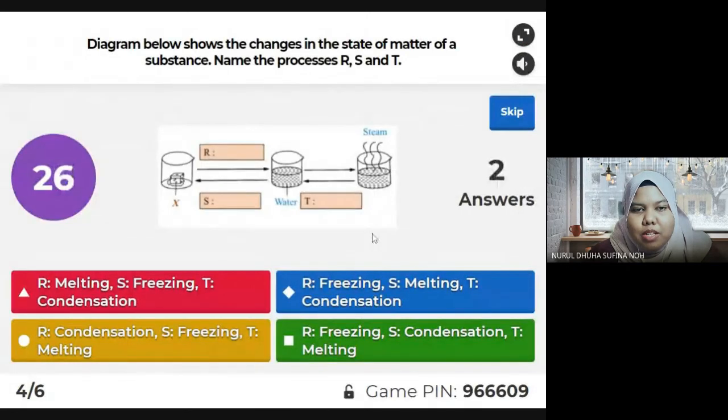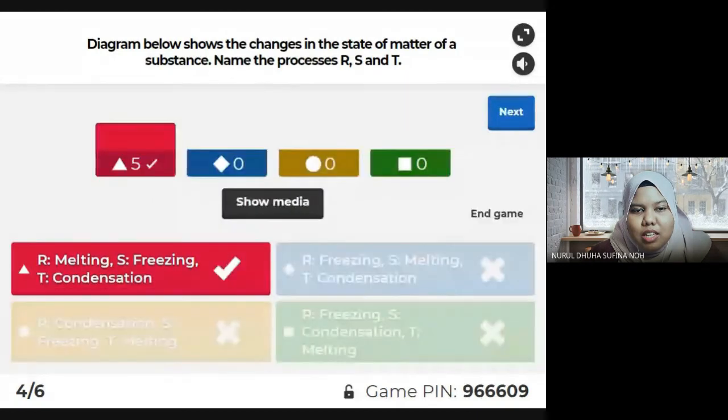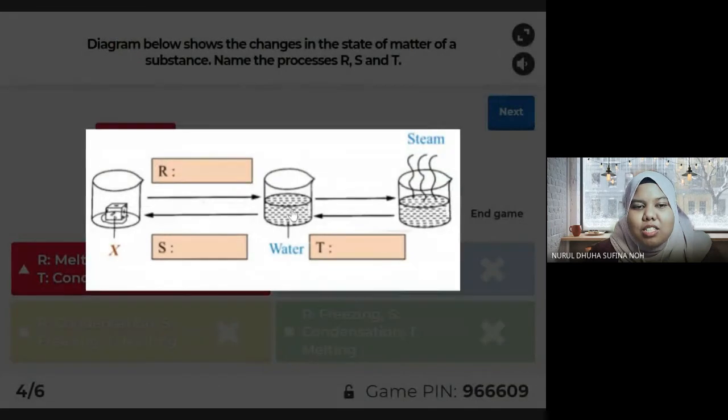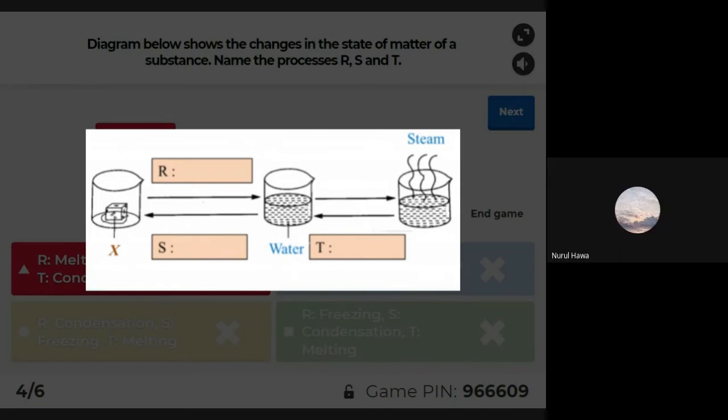Name the process of R, S, and T. Okay, good. This question I want to ask Hawa. Can you explain this process in detail? Yes, teacher. As you can see from the diagram, R is ice cube to water, so it is solid to liquid.